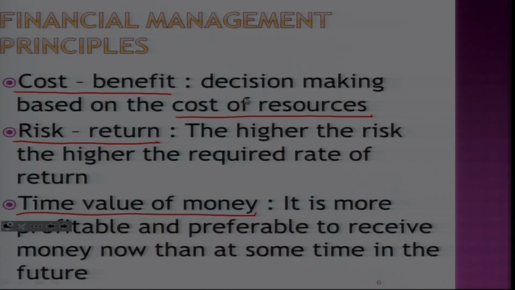And the other one is time value of money. Now, time value of money basically just says it's more profitable to receive money now than sometime in the future. Okay, let me explain that. Let's say 2 years ago or 3 years ago, with 100 Rand, I think you could buy at least 3 Big Macs.